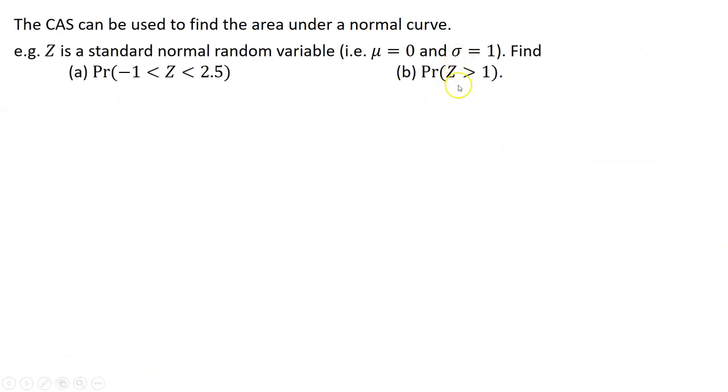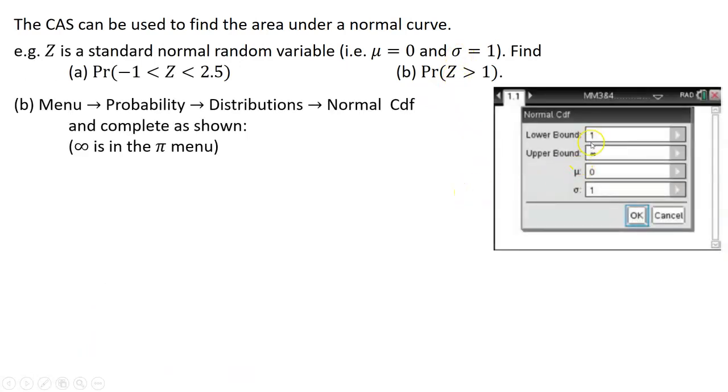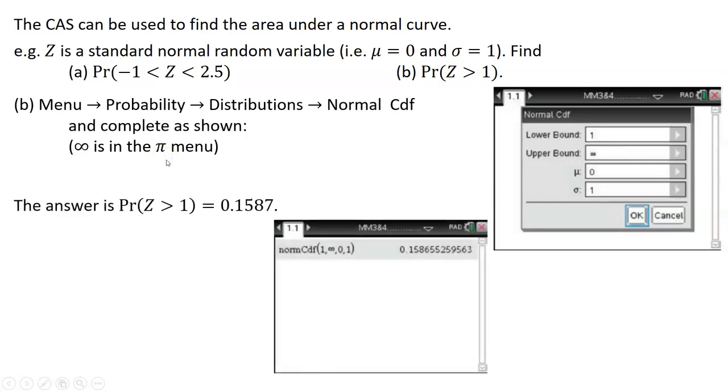Looking at part B, the probability that Z is greater than 1. So 1 is my lower bound, and then I need to go up to infinity. You can find the lemniscate, the infinity symbol, in the pi menu. That's the button with the pi on it. So this is what I get for my probability.